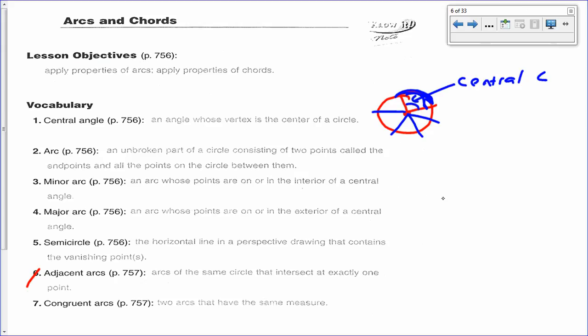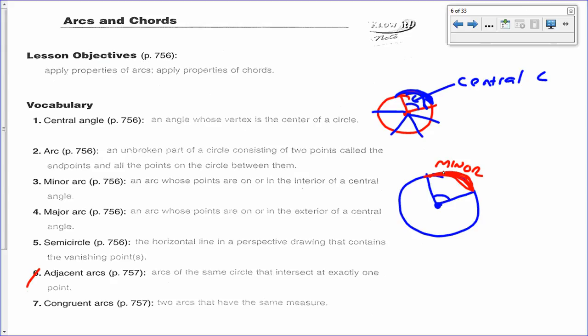Now the difference between a minor arc and a major arc: let's say you have a central angle. Here's my central angle. The central angle will have an arc. This is called an intercepted arc. The intercepted arc is the minor arc.